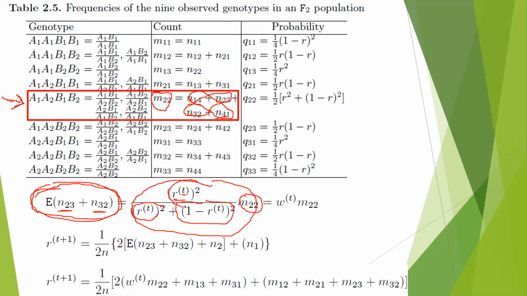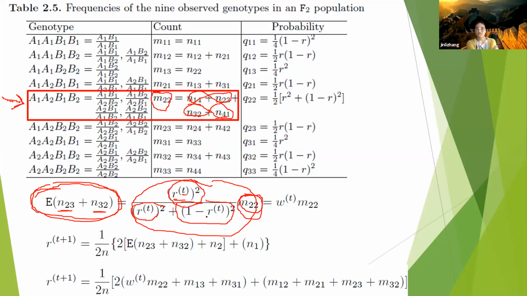This part represents only the non-parental type. So the ratio actually represents the ratio of non-parental type out of this many individuals. Is that clear?